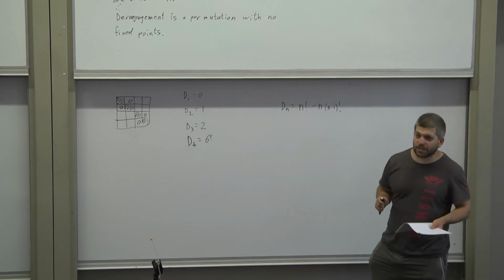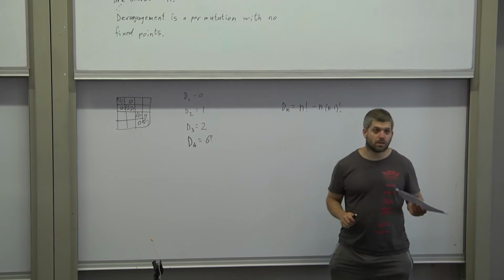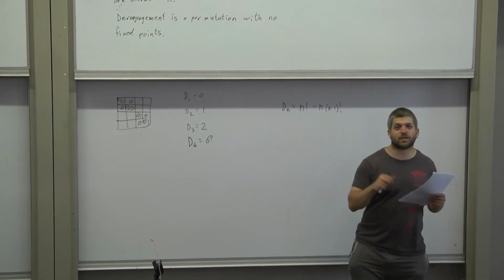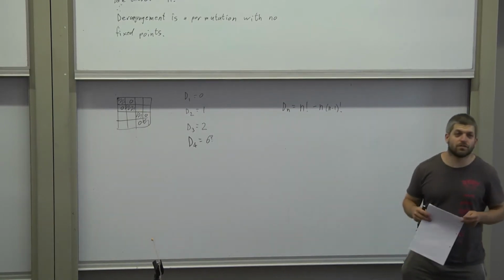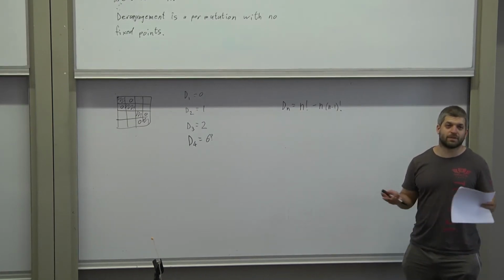Of course that's not right. We also have to add back the times when there are 2 fixed points. So how many ways are there to pick 2 people to be the fixed points?